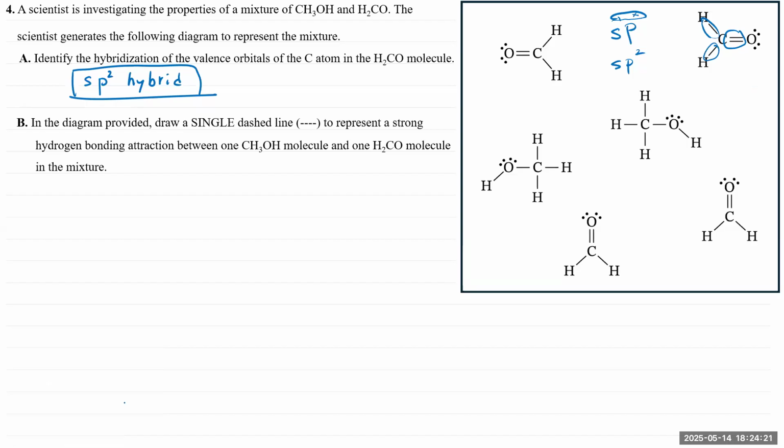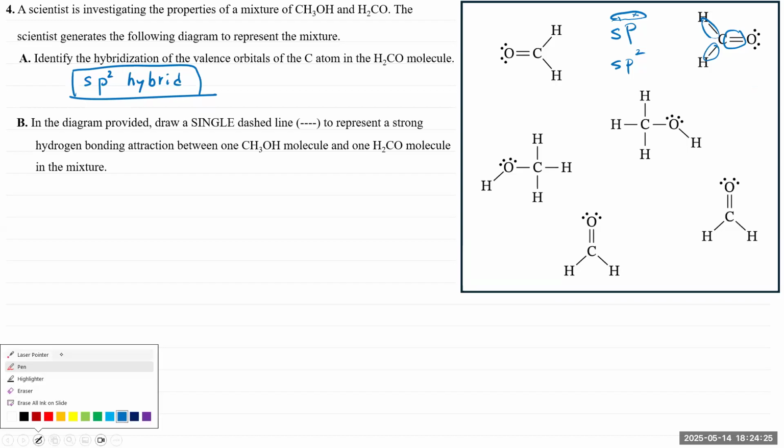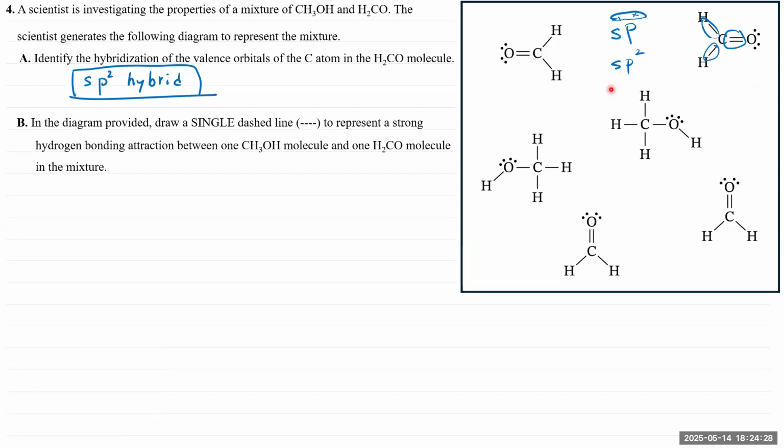So looking at this, we got our methanol right here, and we have a methanol here, and then we have our formaldehyde molecules right here, right? So the hydrogen bond should form between the hydrogen that's attached to O, F, or N, that's right here.